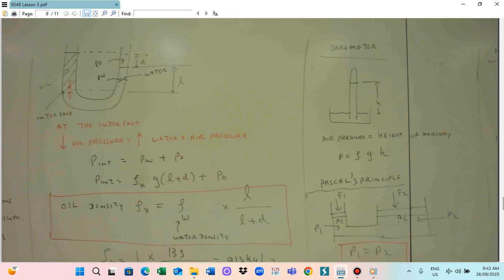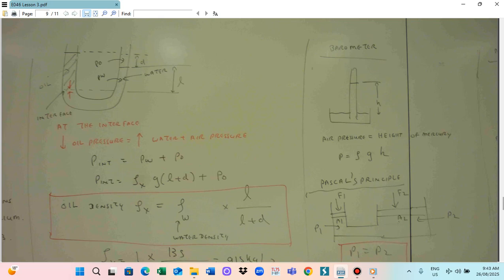So in this case, at the interface Y, this is the downward oil pressure, and this is the outward water plus air pressure. This is the equation we can write down.